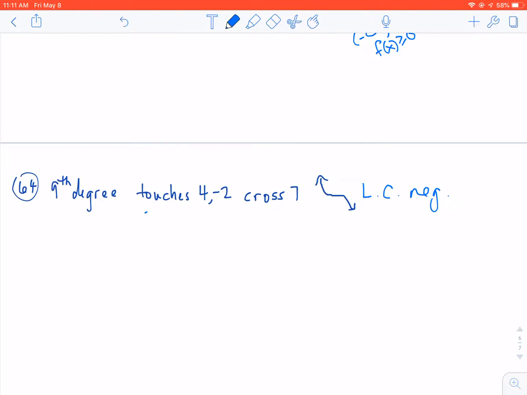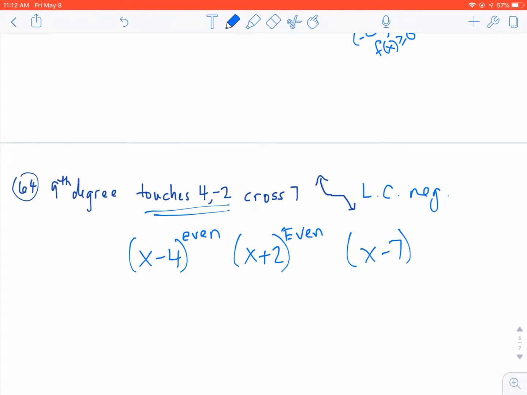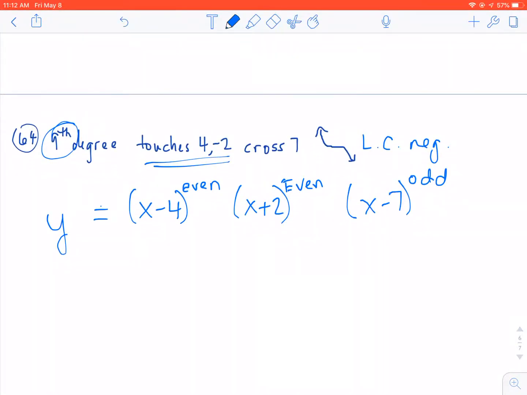So if it touches here, that means x minus 4 has to be to an even power, and x plus 2 has to be to an even power. Remember, when it touches, it's even power. Crosses at 7, so x minus 7 has to be to an odd power. It's got to add up to 9 because it's a 9th degree polynomial. And it's going to be negative in the front.